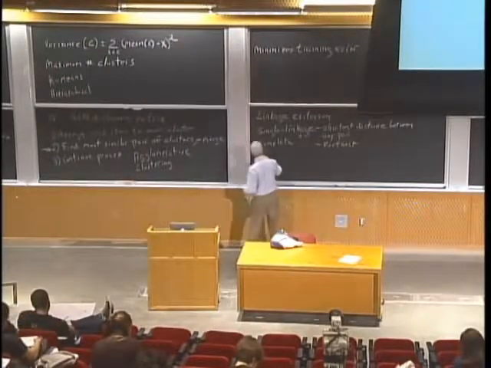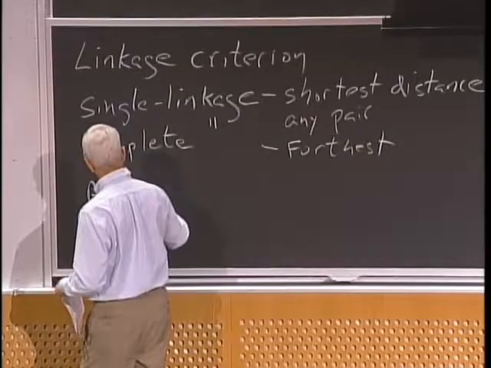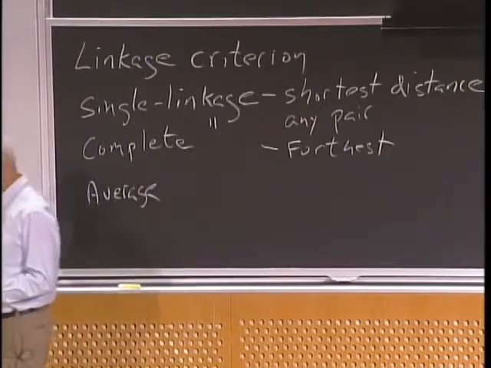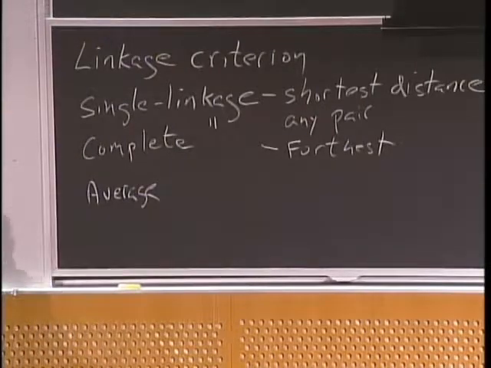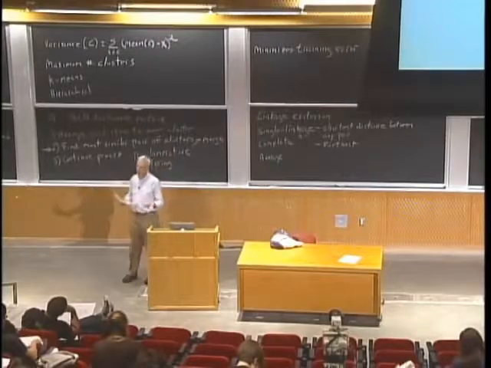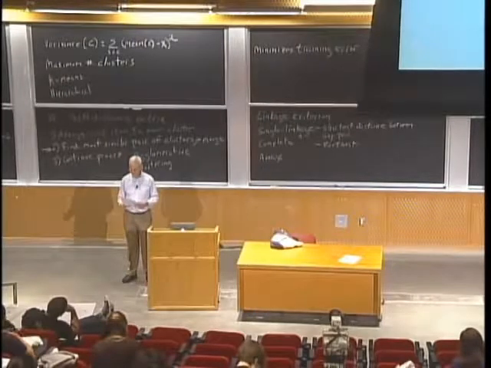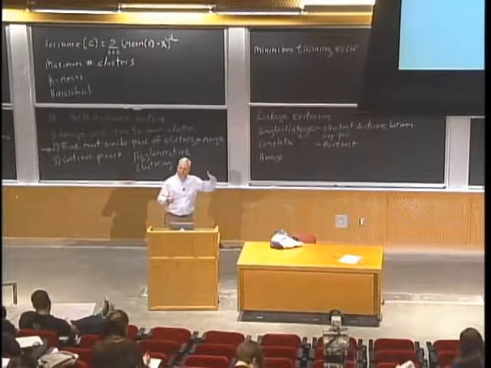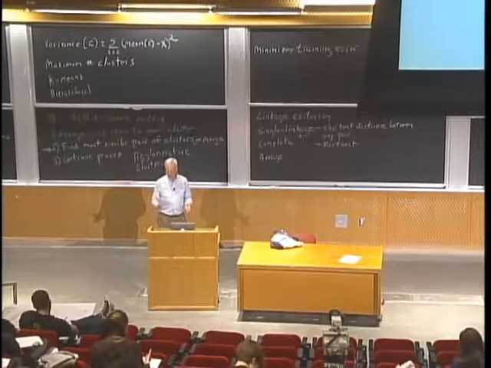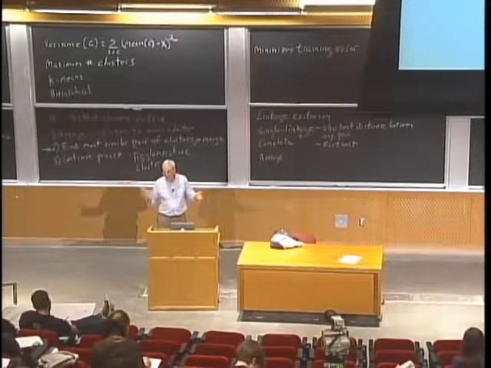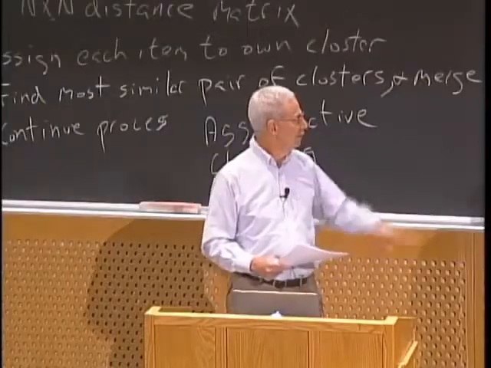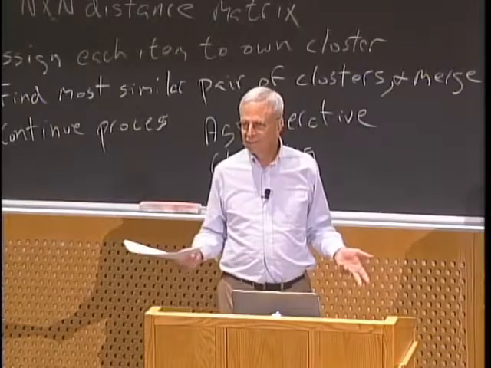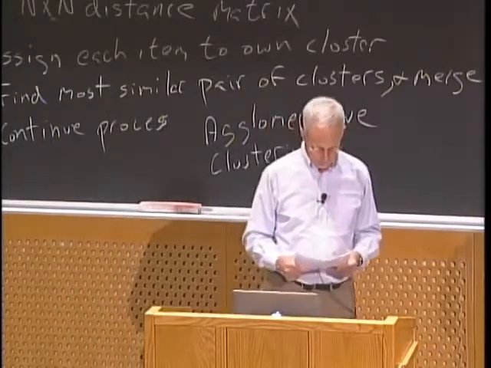Then you won't be surprised to hear that you can also look at the average case, where you take all of the distances. So you take all of the pairwise things, you add them up, you take the average. You can also take the mean, the median if you want instead. None of these is necessarily best, but they do give you different answers.